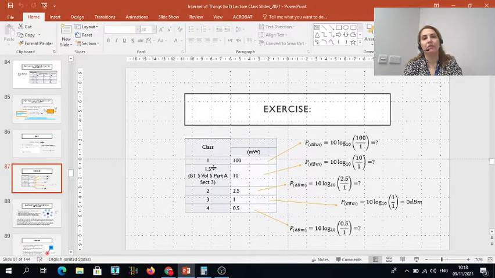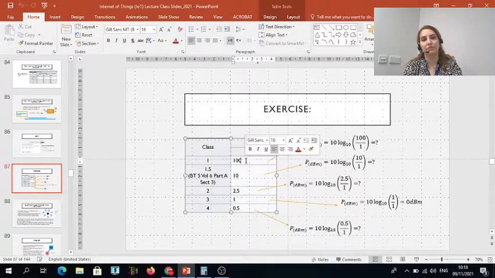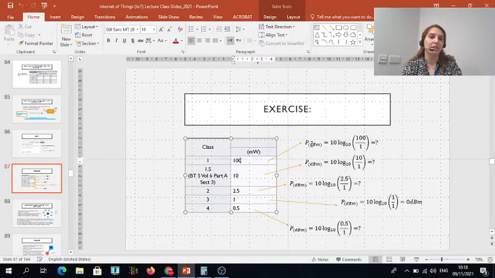So here the milliwatt given is 100. So the 100 is going to replace the P2 and P1 is replaced with 1 because we want dBm. If I have one question in final exam asking you to give me dB, not dBm, that means that I most likely have provided P1 and P2, both of them together.